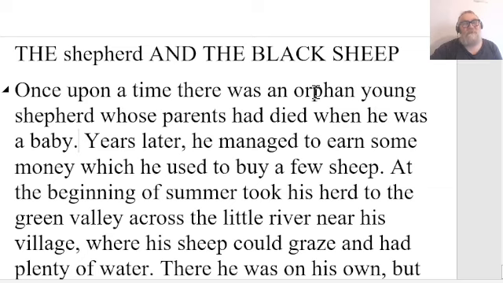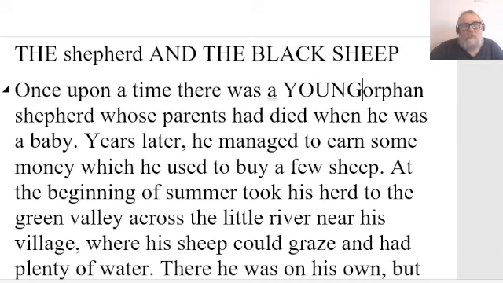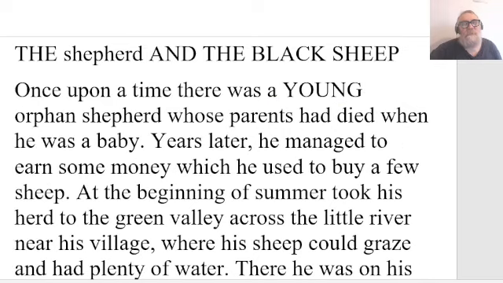Okay, word order. Orphan young shepherd. You want to start, there's a really smart way of doing this. You need young to go before orphan, and there's a reason why. There was a young orphan shepherd.